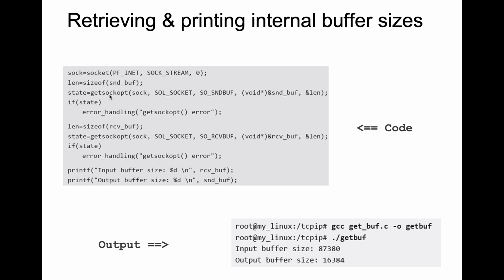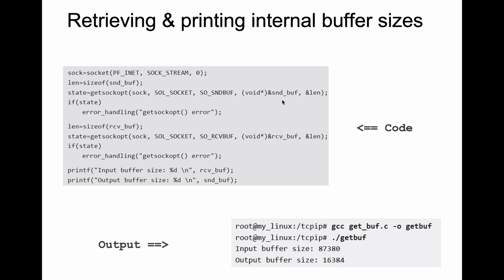Here again we're using the get socket option function call, but instead of getting the socket type, we are trying to figure out the size of the internal buffer that is used for transferring data. Here we're saying I'm still working with the protocol level of socket, which has the option name of socket send buffer, which gives us the size of the buffer that is used for transferring data from this local machine.